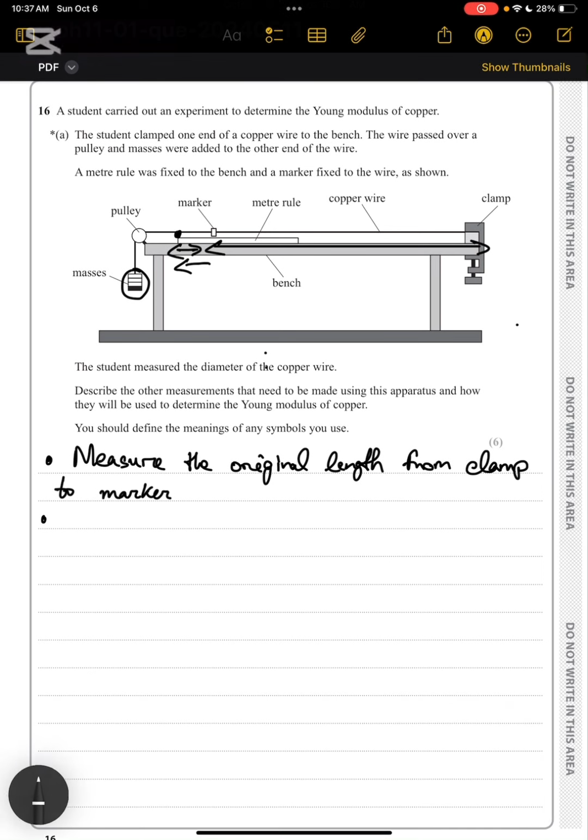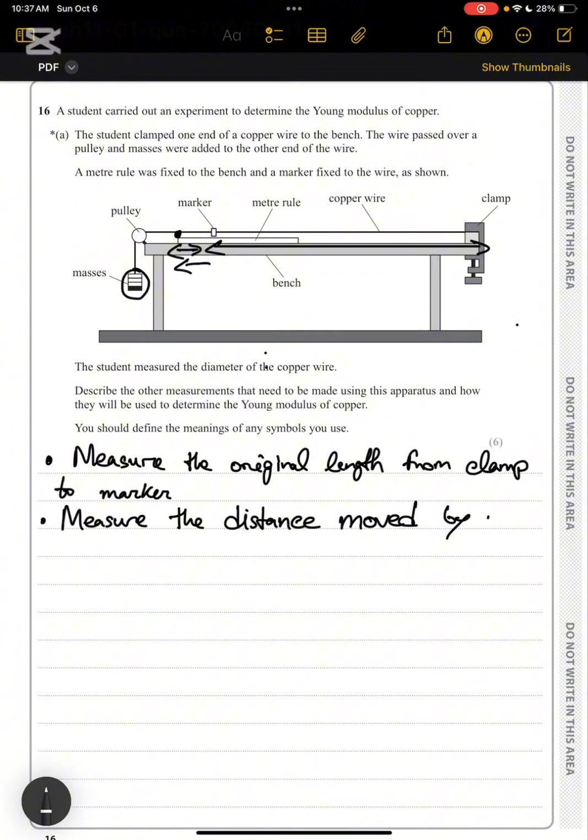So we will write: measure the distance moved by marker from original position to determine the extension.